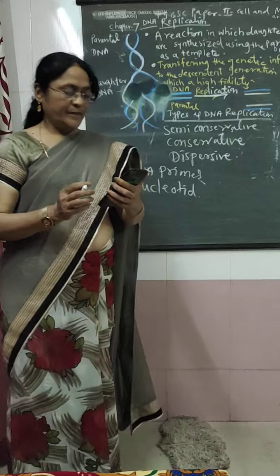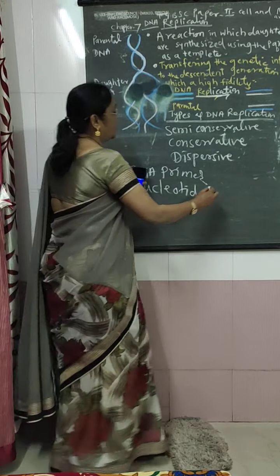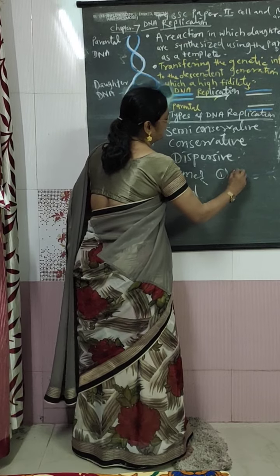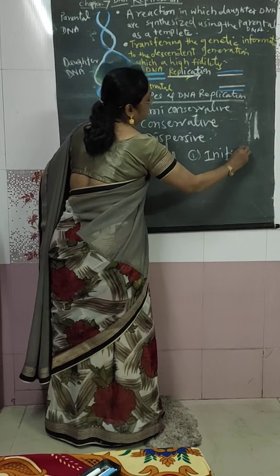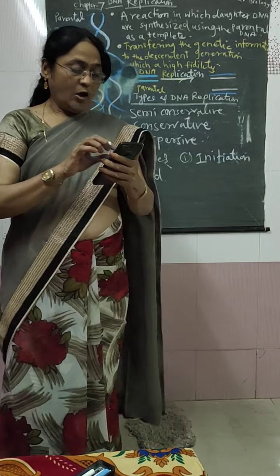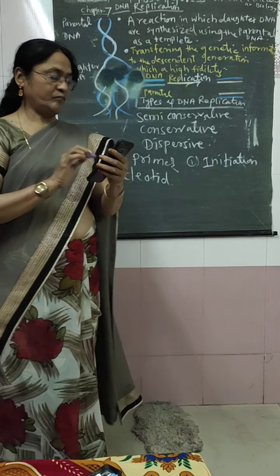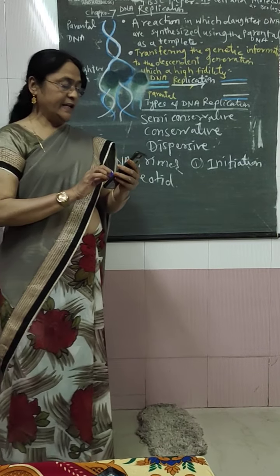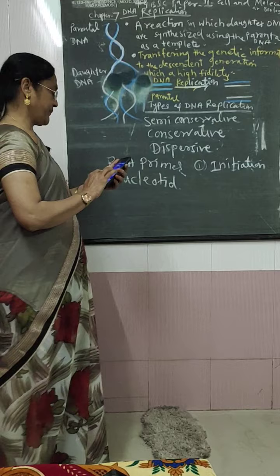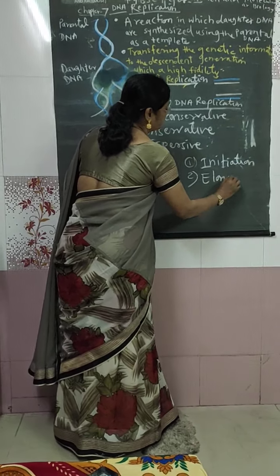For this replication, there are three stages. Number one is called initiation. Initiation occurs at the origin of replication, where the DNA separates and primer synthesis occurs. The second one is called elongation.